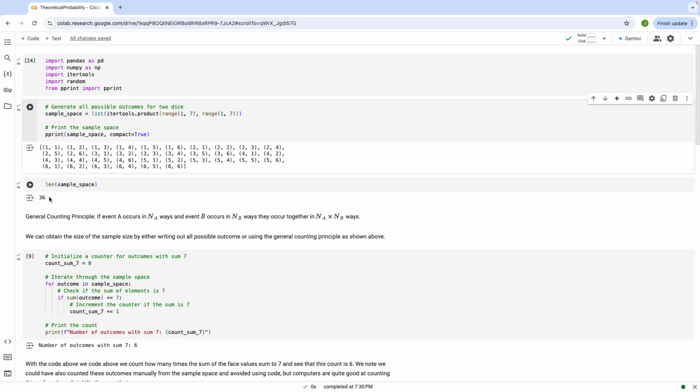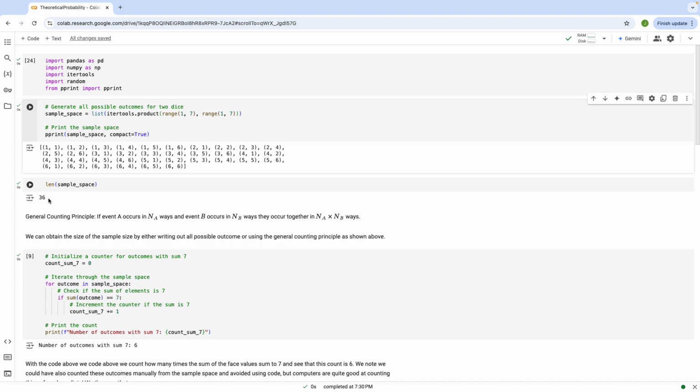We can see that there are 36 possible outcomes. This is predicted by what's called the general counting principle, because the first outcome of the dice can occur in 6 ways. The second outcome of the dice can occur in 6 ways as well.